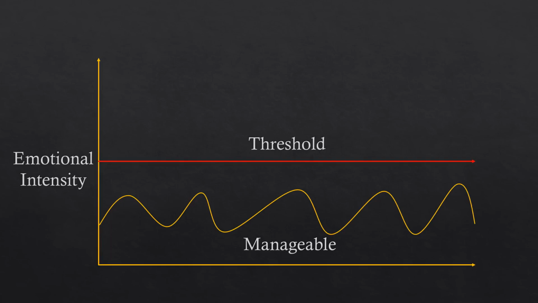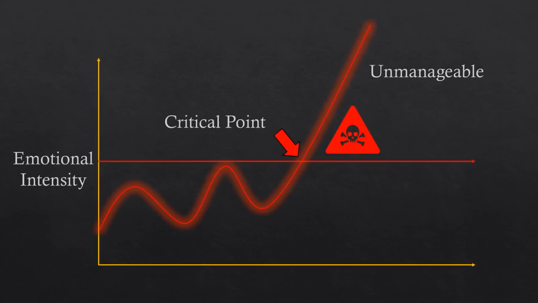However, if the emotional intensity surpasses a certain level, any emotion will become unmanageable. In other words, after a certain degree of emotional intensity, it doesn't matter how much willpower or discipline you have. Whatever emotion you are feeling will become overwhelming. That's where things go wrong in trading.